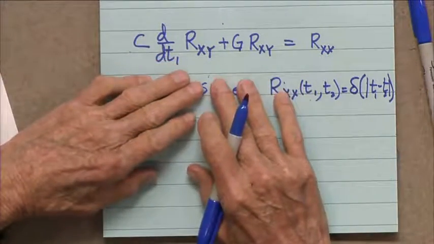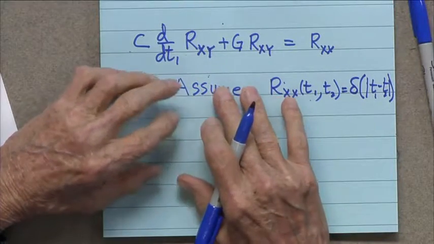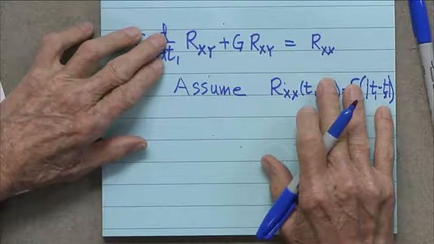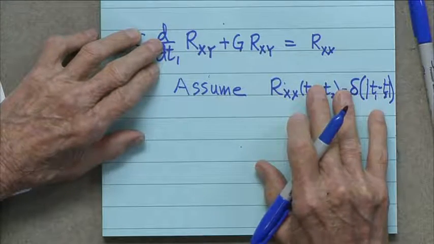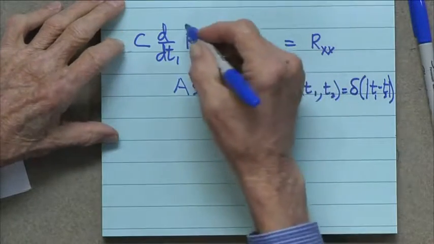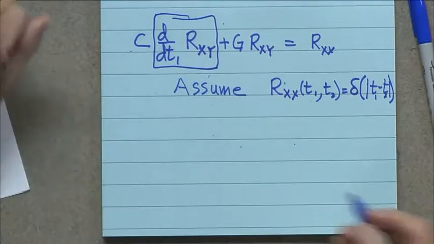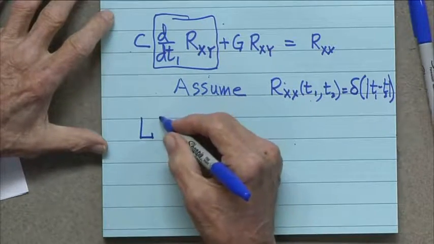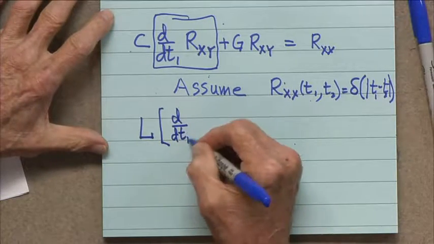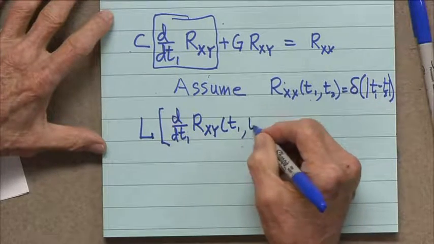If I'm going to solve this differential equation, I can do it with Laplace transform. So I'd take the transform of the variables. What is the Laplace transform of d/dt1 Rxy t1 t2?